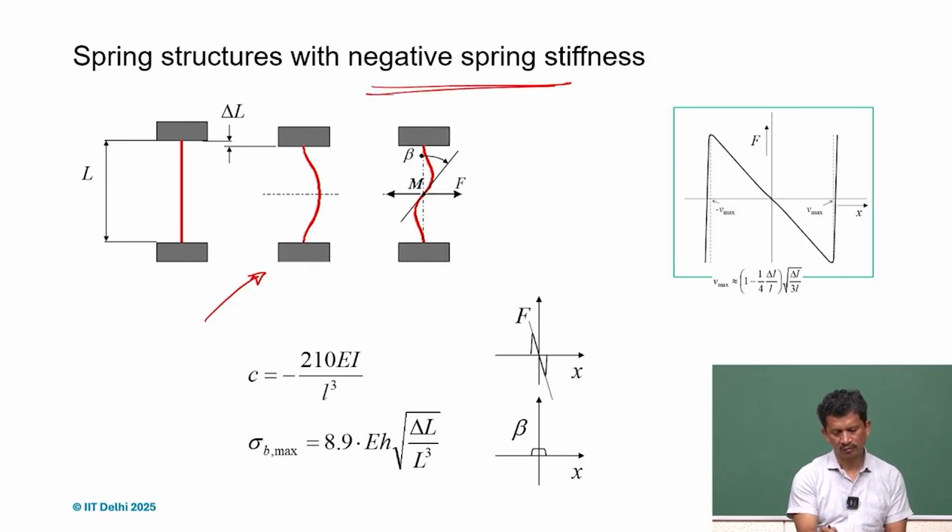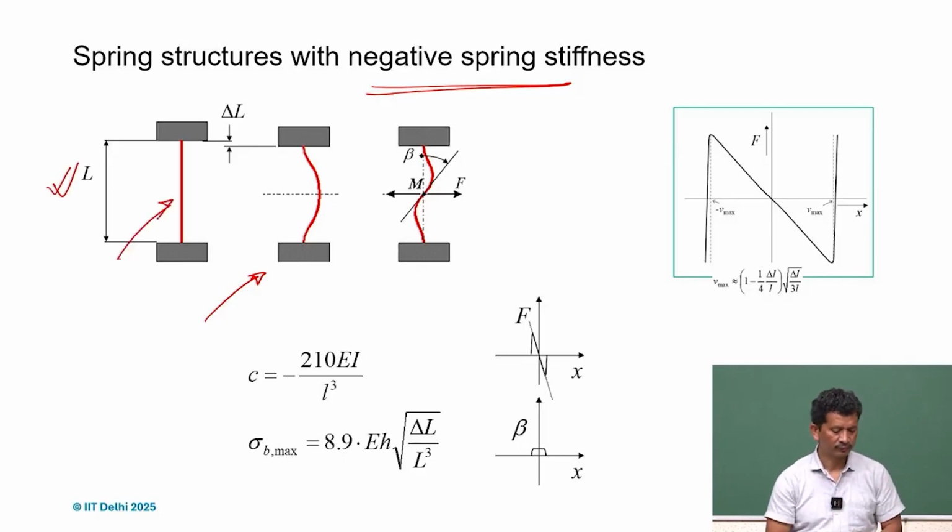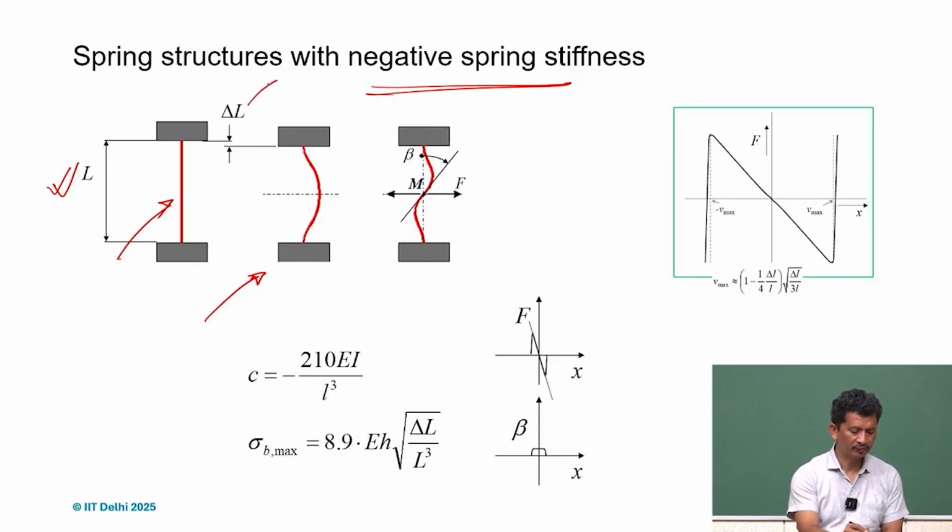So how can the buckling be used to get a negative stiffness? What we can see, if L is the length of the sheet flexure or wire flexure, and if it's preloaded by delta L, it already gets buckled.